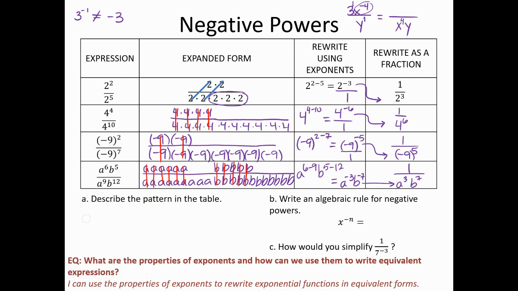So it's really important to keep track of negative and positive exponents. And again, if any base, meaning any number or variable, doesn't have an exponent, we're going to write it with an exponent of 1. All right, so describe the pattern in the table. I'm going to say that negative exponents mean reciprocal.